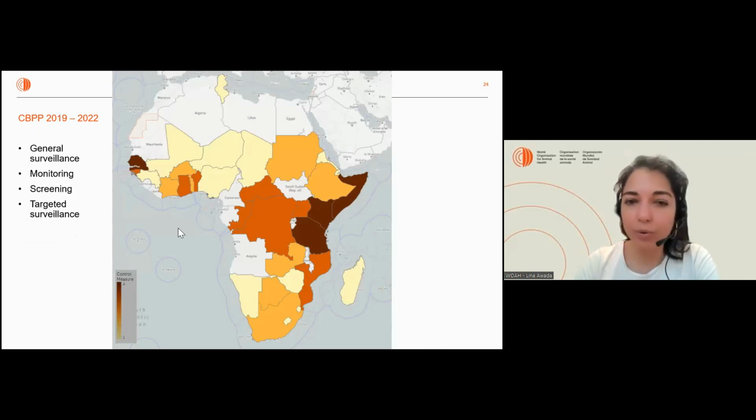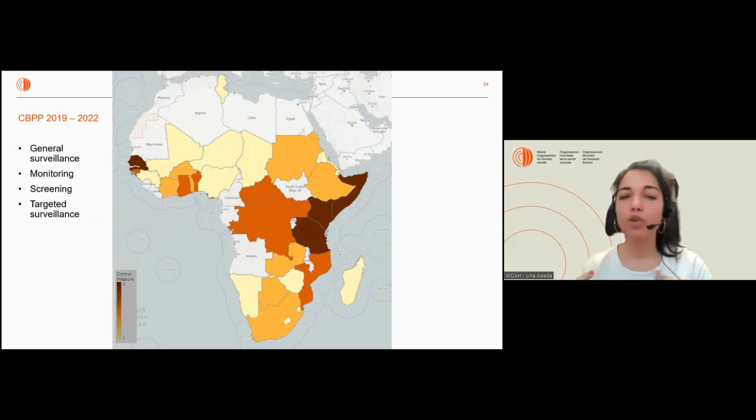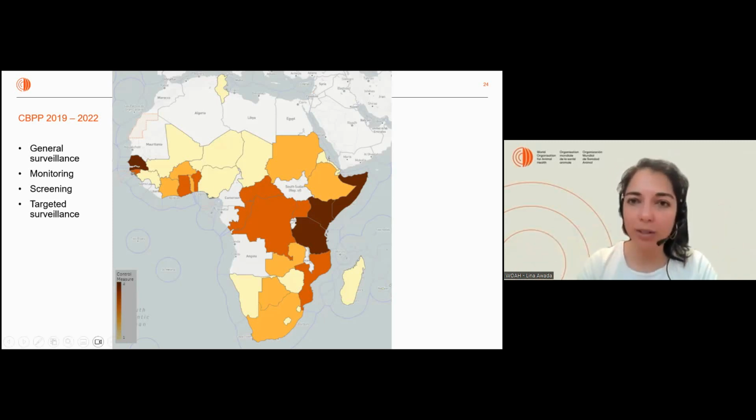The darker color shows that several types of surveillance are implemented in the countries, and the lighter color, light yellow, shows that only one type of surveillance is implemented. So you can have one or several types of surveillance implemented, and this is the gradient. And then in white, you have the countries for which we did not receive any information of surveillance implemented in the country.